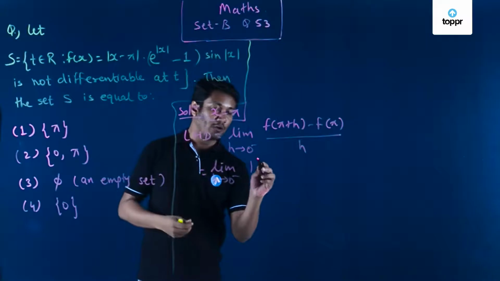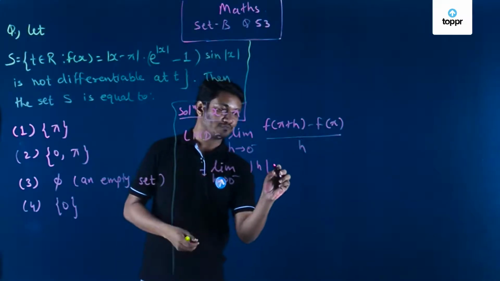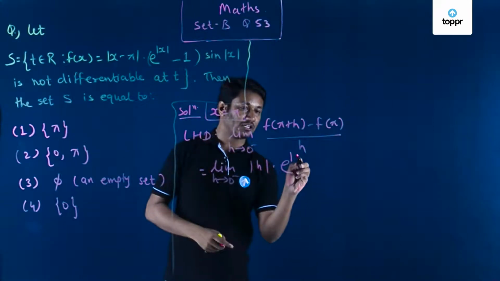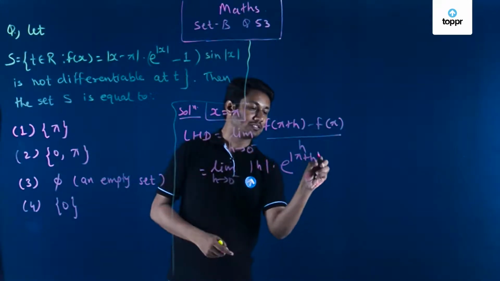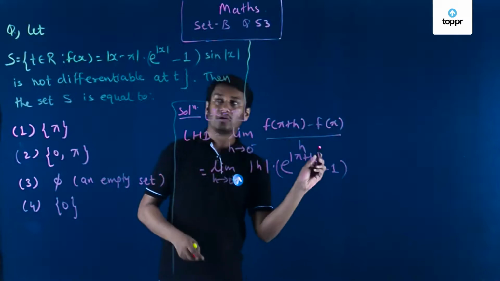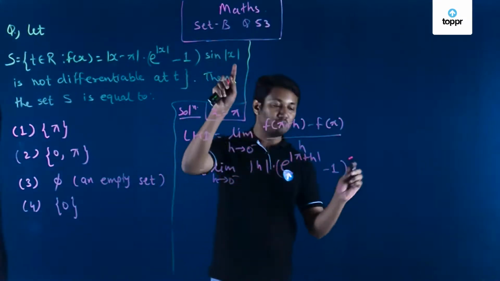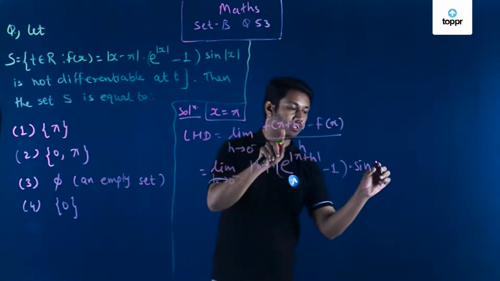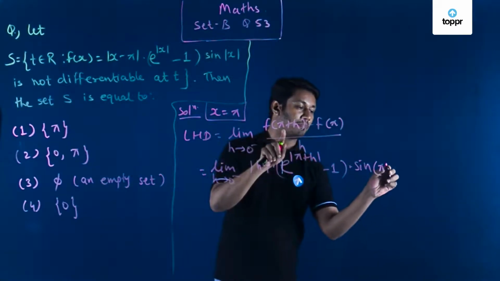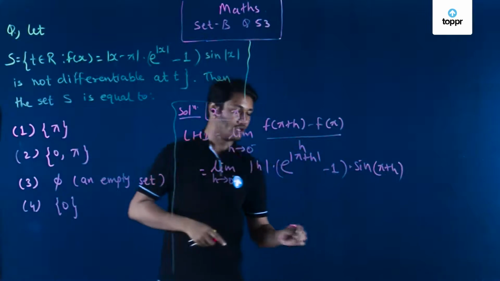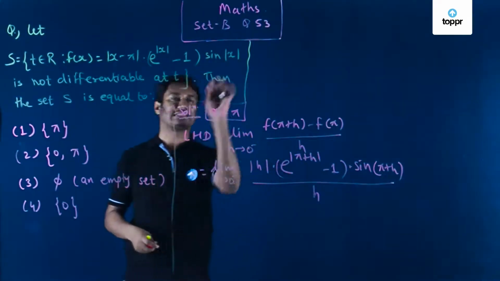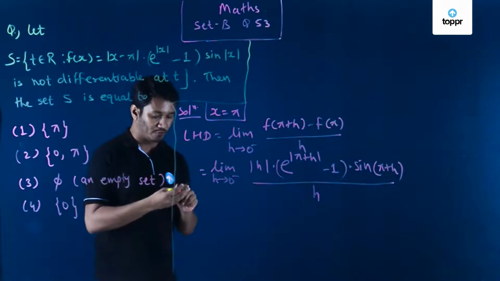We will have mod of h into e power mod of pi plus h minus 1, and further sine mod x, that will be nothing but sine of pi plus h. Now this will be divided by h. F of pi will be nothing but sine of pi, that will be equal to 0.